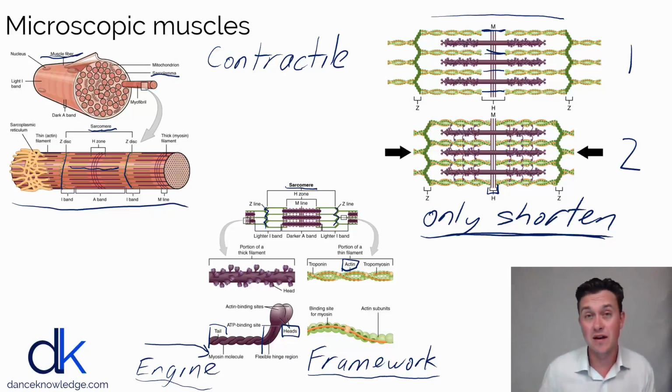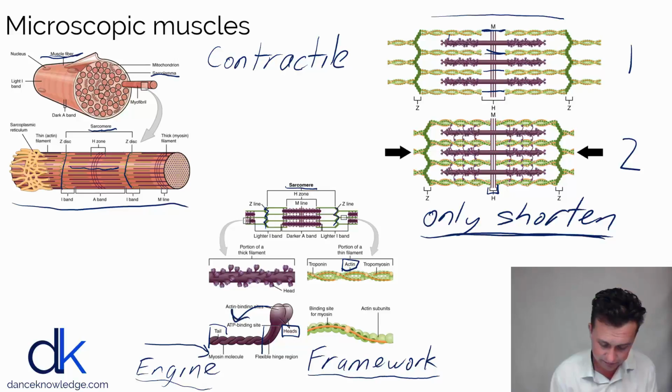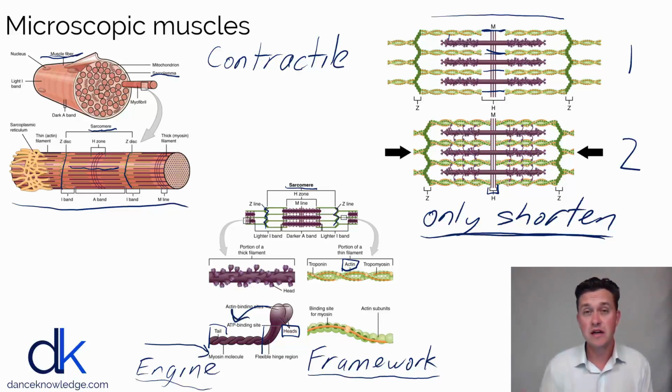And the basic way that myosin is able to draw actin together is that it will link up, if we go across to the right hand side, it will link up to actin, and this head here will pull in this direction. And in doing so, it's like a little finger grabbing onto actin and pulling it closer.